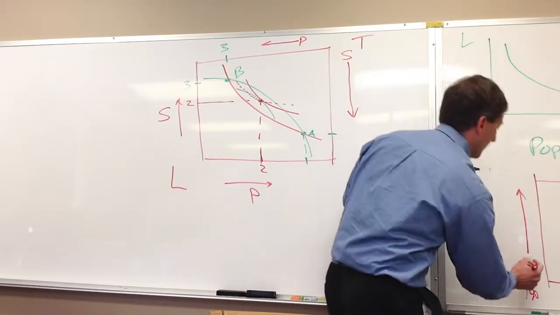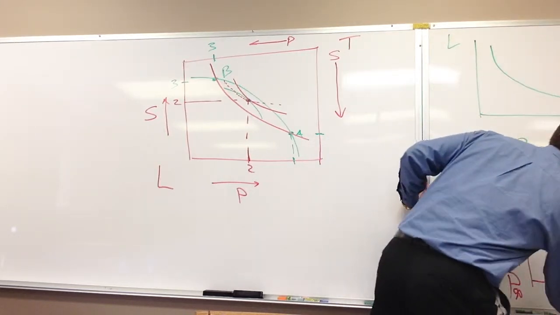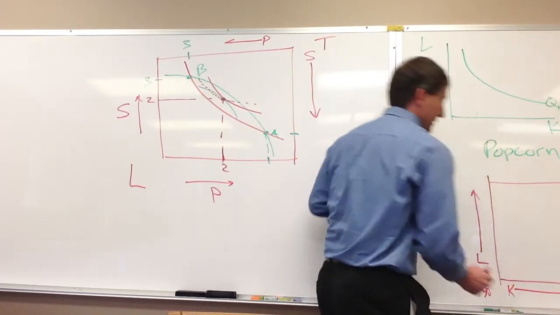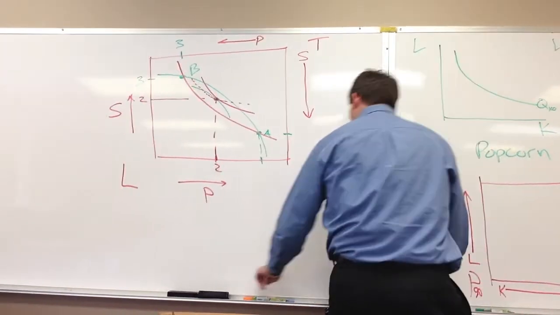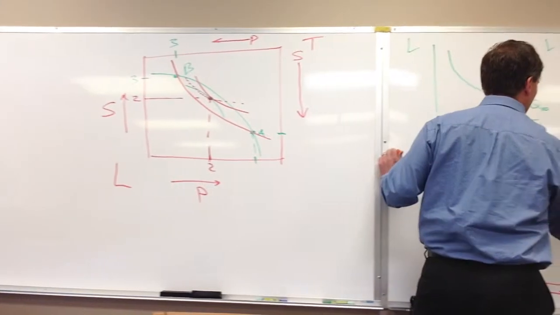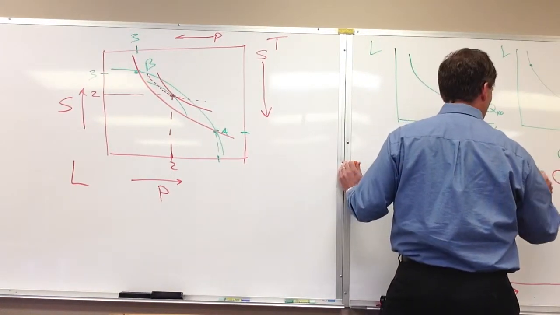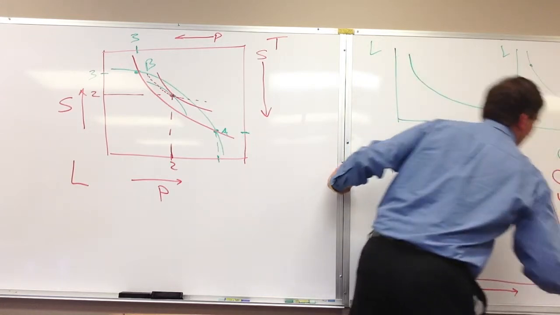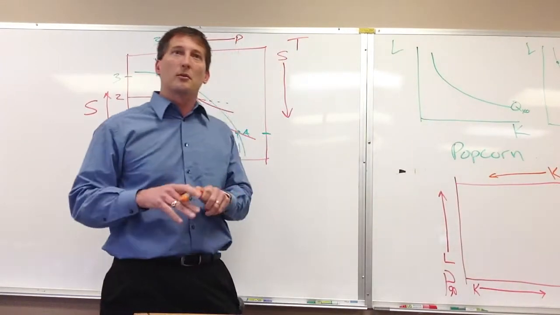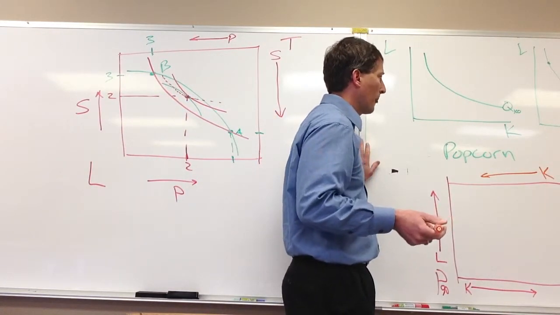We're going to have labor increasing with popcorn this way, capital increasing that way. With cats, I'll go back to a different color here, we'll go orange, we've got capital increasing that way with cats. And now we start to see that there's choices of what we're going to produce in the economy.